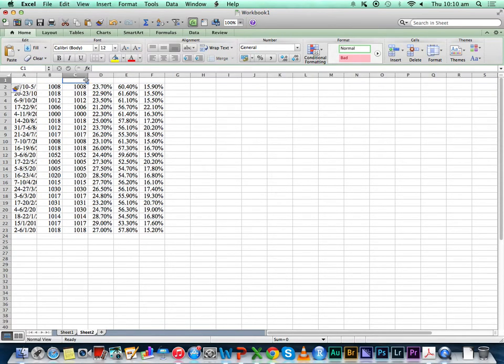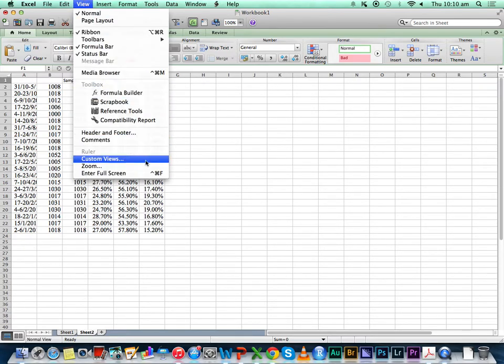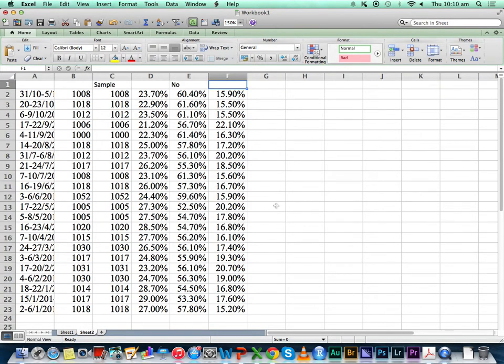And what matters is just this row and this row. And zoom it in. In order to do that, the first step is to calculate the SE and the lower and upper.